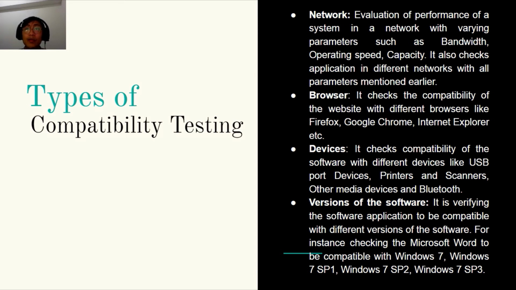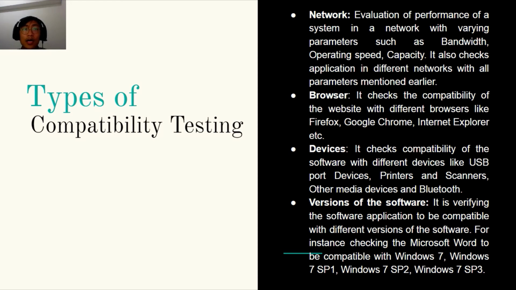It checks the compatibility of the website with different browsers like Firefox, Google Chrome, Internet Explorer, and many more. And then for devices, it checks the compatibility of the software with different devices like USB port devices, printers and scanners, and also other media devices, and also Bluetooth.